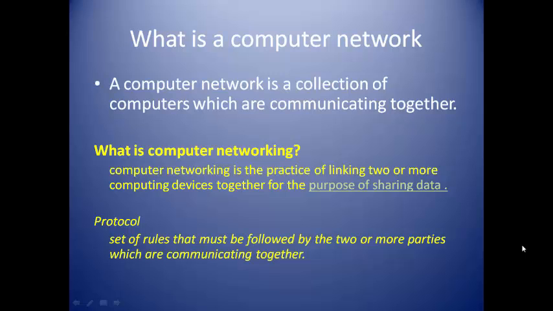But those computers have to work under the same protocol. We will get a small idea about protocol now, but we will discuss it further later. Let's see the definition of protocol. Protocol is a set of rules that must be followed by the two or more parties which are communicating together.